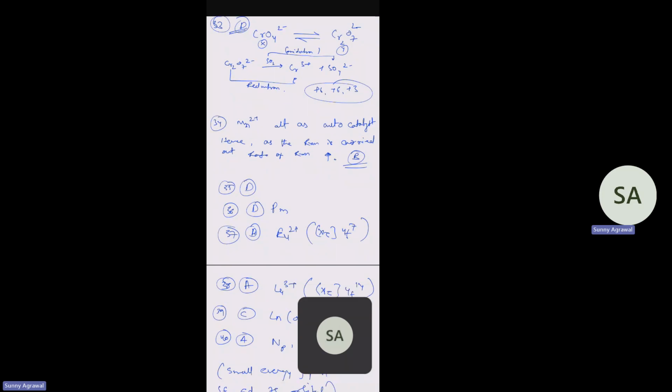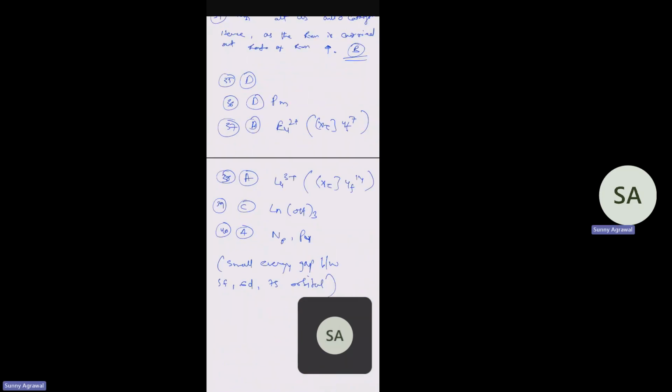Question number 35. The elements from Ce to Lu, in which 4f energy levels are filled, are known as, these are the lanthanoid series. We are talking about the lanthanoid series. They are rare earth elements also. So option D is the correct answer. Question number 36.